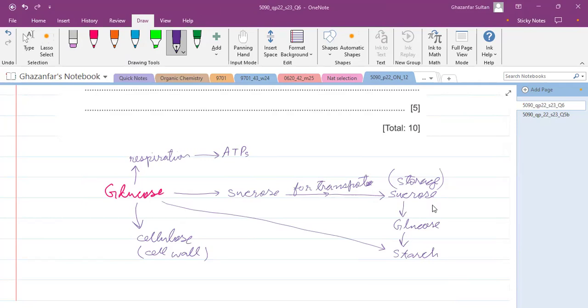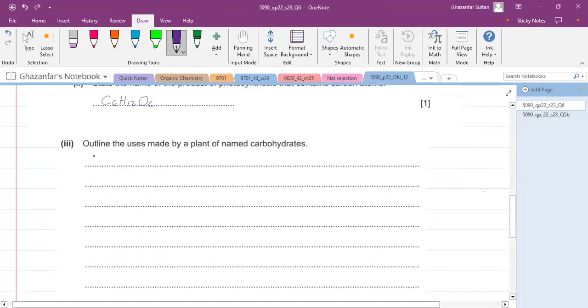For example, we can write here that photosynthesis yields glucose.